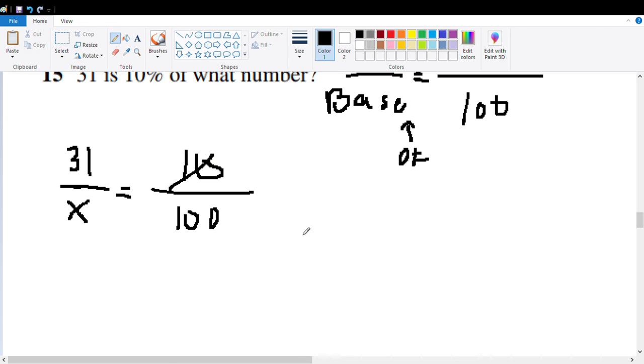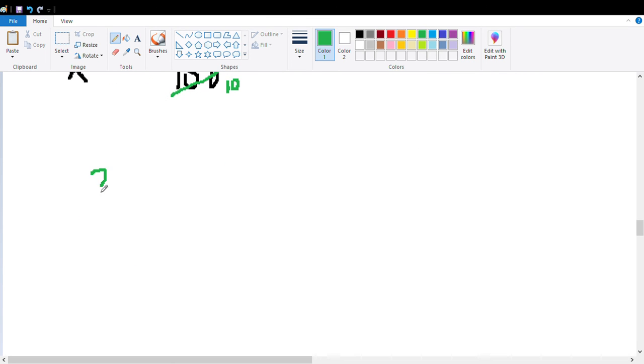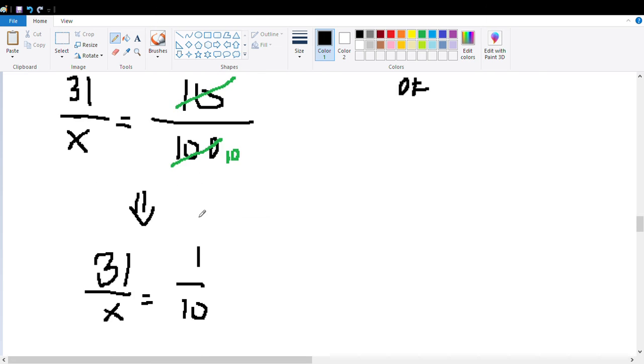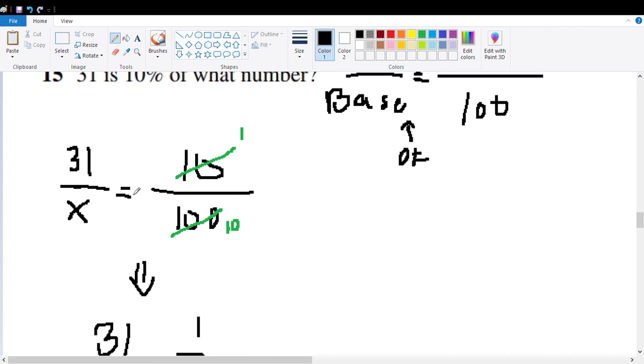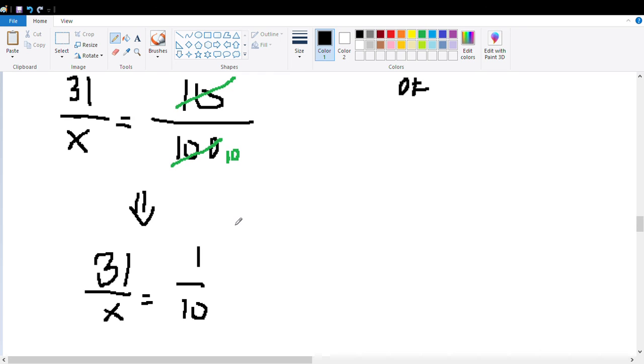Let's use a different color, green. This becomes 1 and this becomes 10. Way easier, right? Let's draw an arrow. So now we have 31 over x is equal to 1 over 10. So now that's a bit easier to multiply. Again, this is still okay, but if you want, you can simplify things.